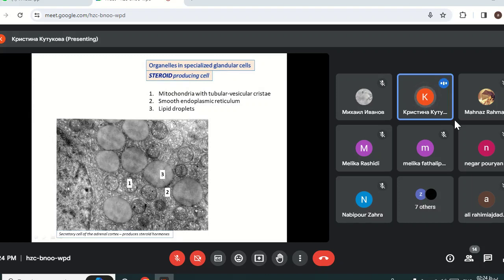A part of its nucleus is in the left part, and a portion of its cytoplasm, inside which we have this very specific mitochondria with tubular vesicular cristae, number 1, and also these rounded structures with vesicles and tubules inside them. So these are vesicular and tubular cristae.